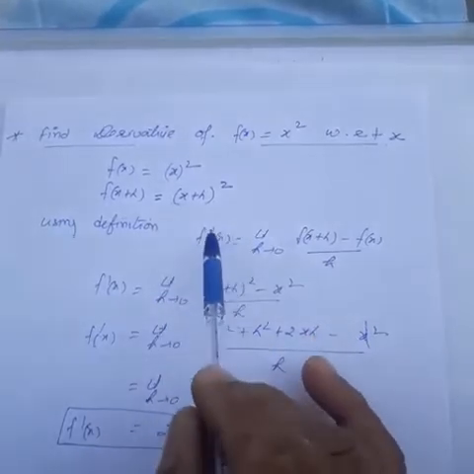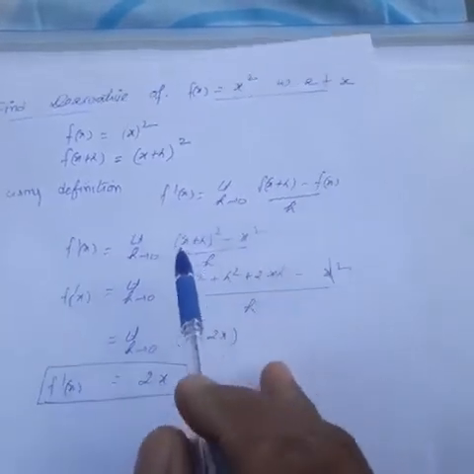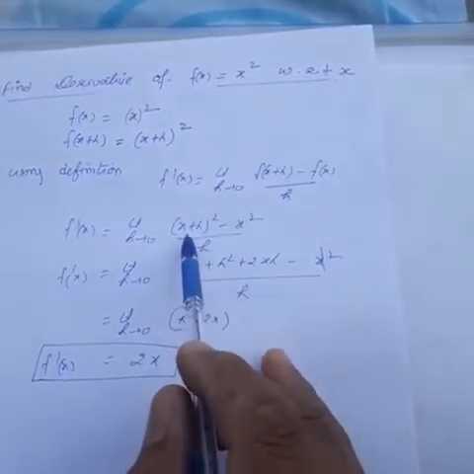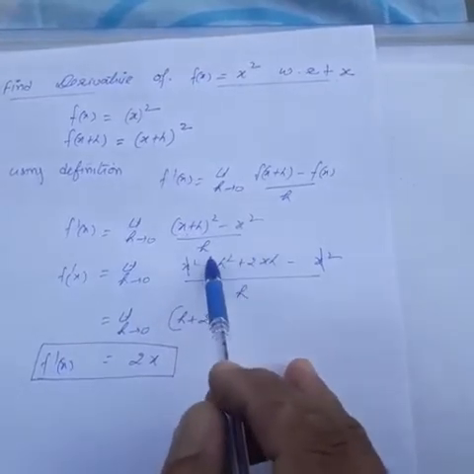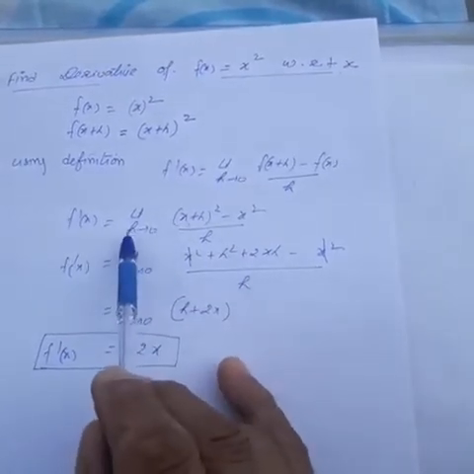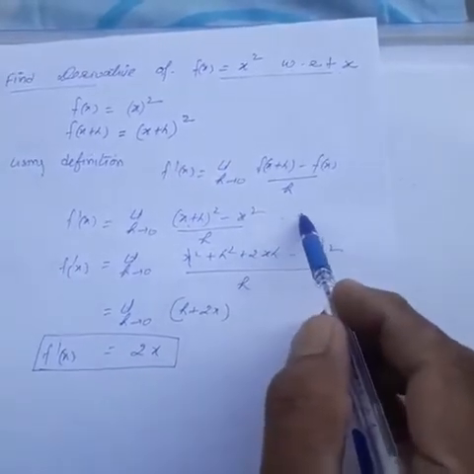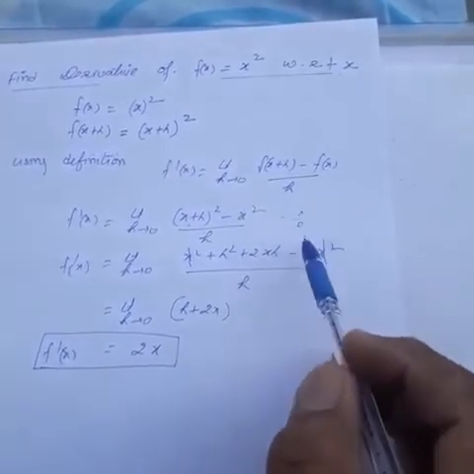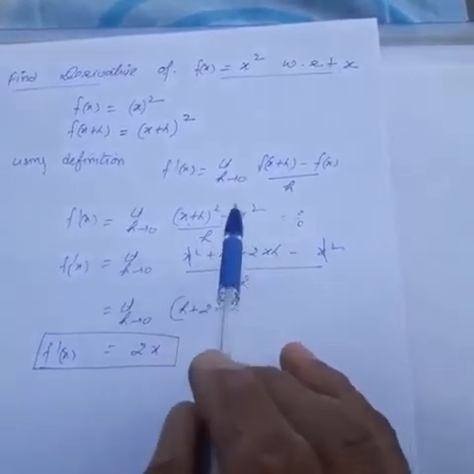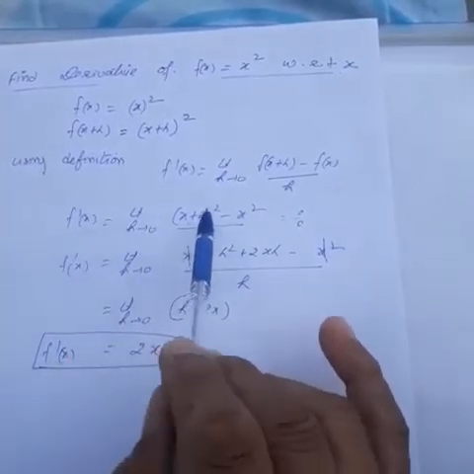So now f'(x), put values here. f(x+h) is (x+h) whole square minus x square upon h. Now if you put h equal to 0 here, we are getting 0 upon 0 type. Now to avoid 0 upon 0, we will have simplification to evaluate the limit of this function.